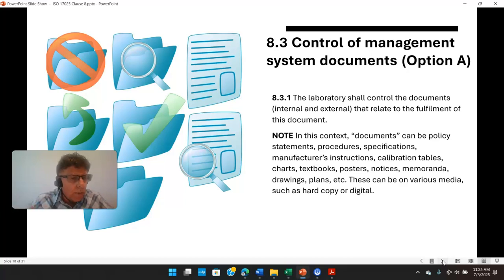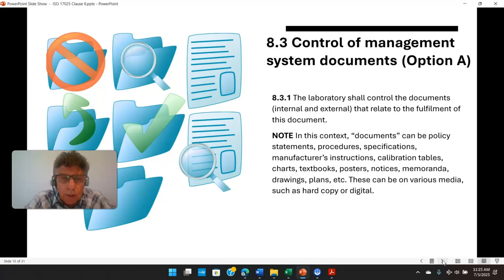So you'd be required to maintain those policies and have those in your document control system as an external document. So the laboratory shall control those documents. You need to make sure you have the latest, most current revision of those documents.